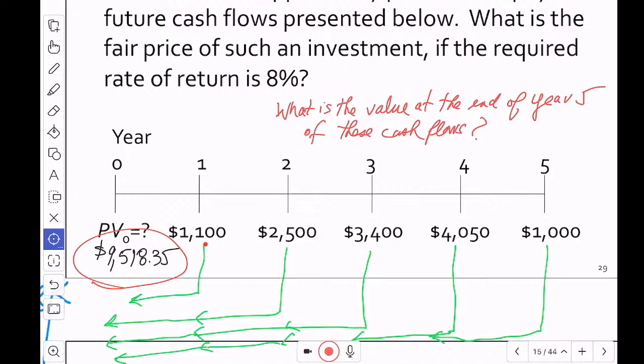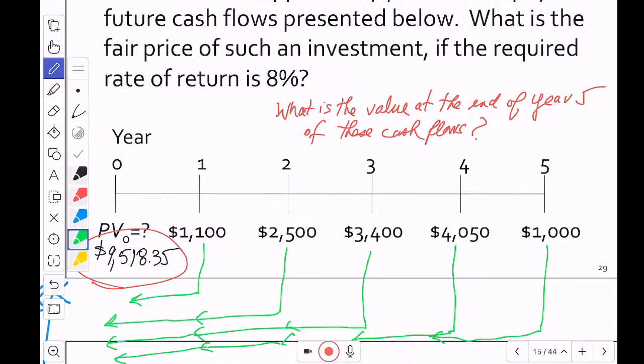You figured out that the total today of these amounts coming is $9,518.35. That's the value today to these arriving in the future.